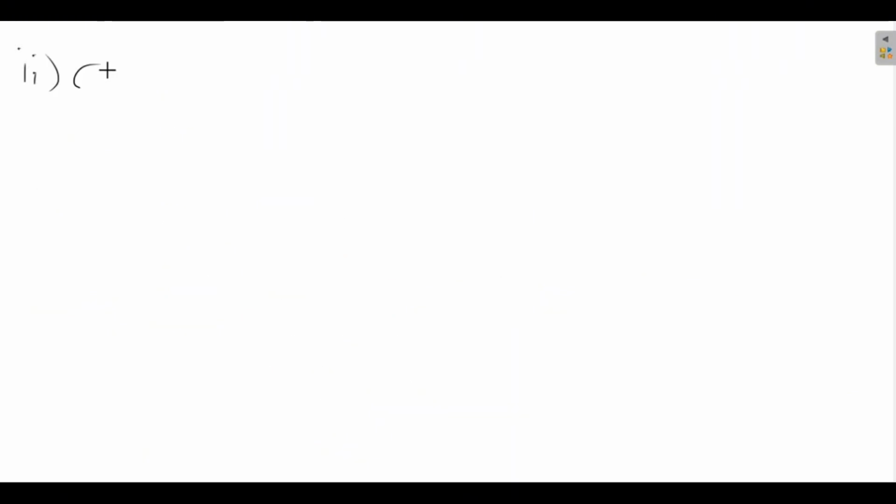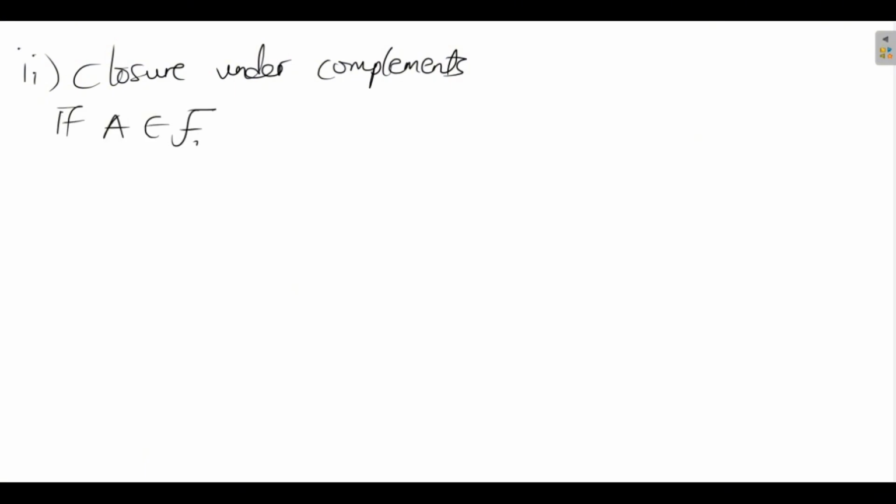Now the next thing is we need to show the second property, which is closure under complement. Suppose we have a set A which belongs to F3. Let's first state what the property is about.